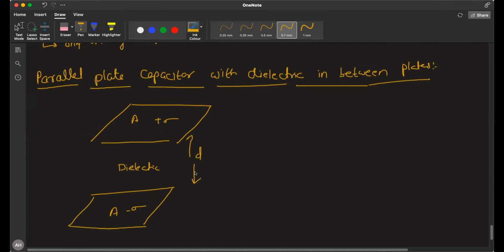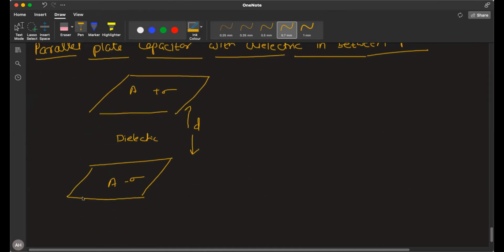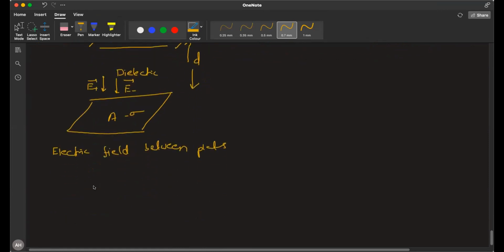You need the capacitance. So for capacitance, first we will calculate the electric field between the plates. Just like the previous calculation, the electric field between the plates is the sum of the field due to the positive charge and the field due to the negative charge.